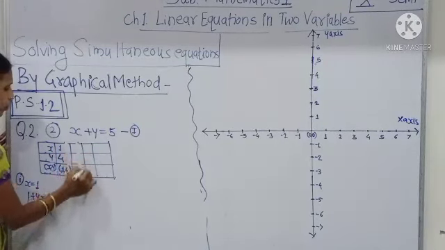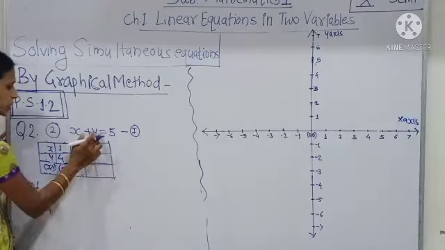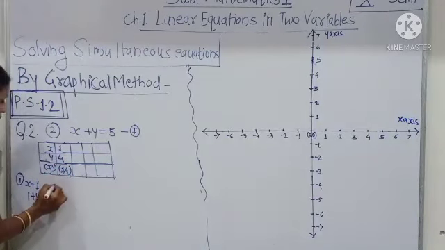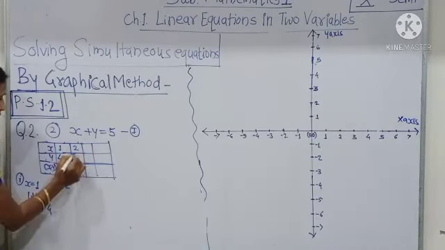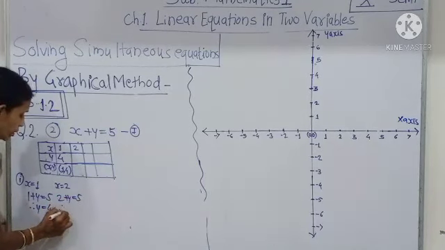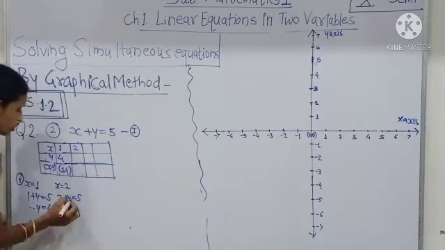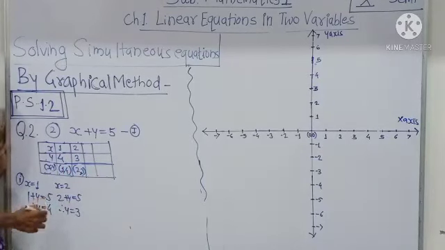Similarly, we can get 3 more ordered pairs for this equation. If x is equal to 2, then 2 plus y is equal to 5. Therefore, y is equal to 3. Therefore, 2, 3 is the second ordered pair.